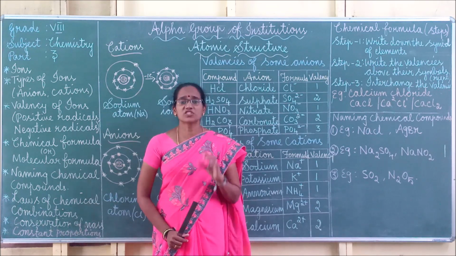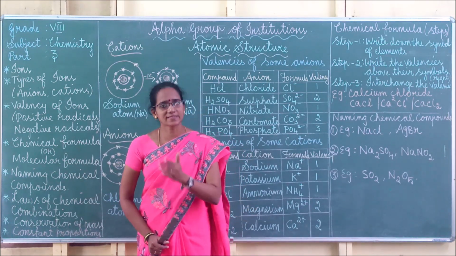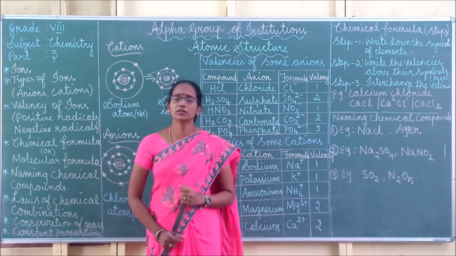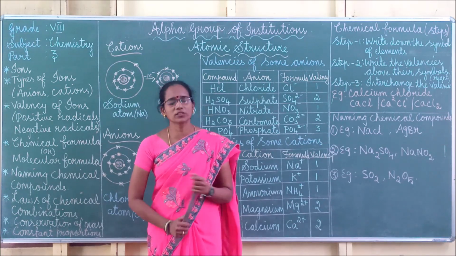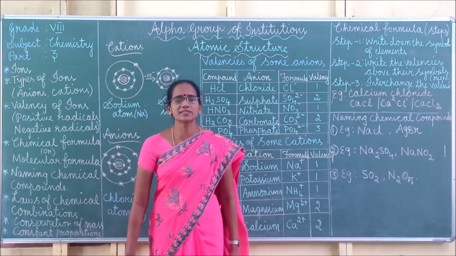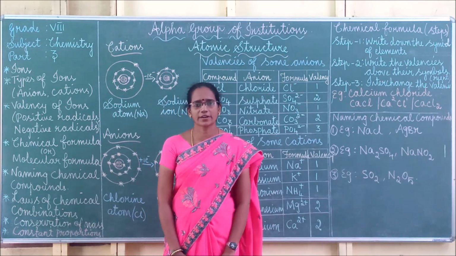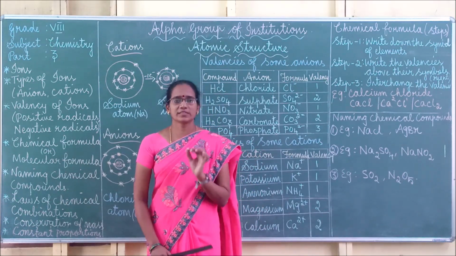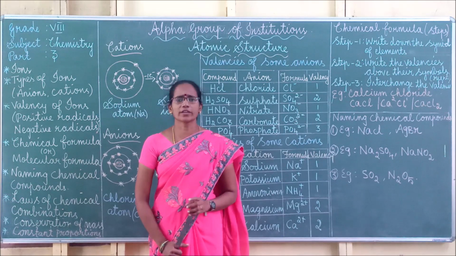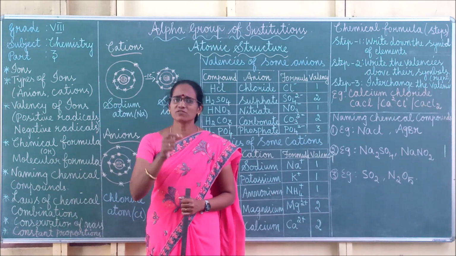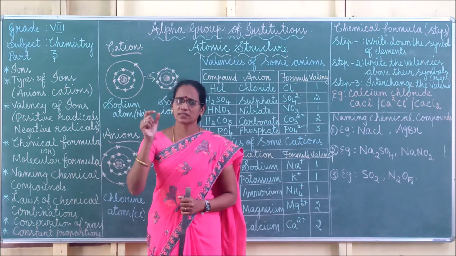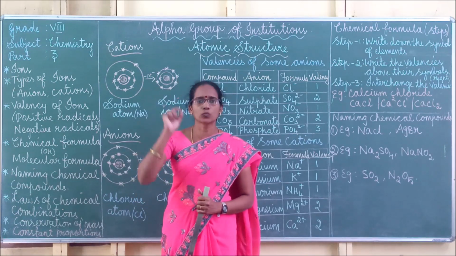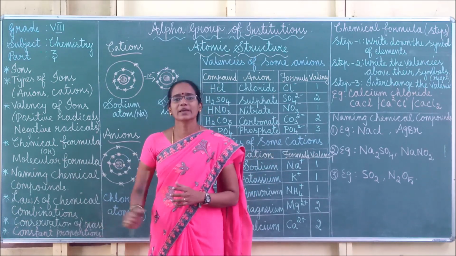So atoms which carry positive or negative charge are called ions, right children? While writing the electronic configuration, we mention the negative sign and positive sign in the superscript, which I will tell you while writing the chemical formula.